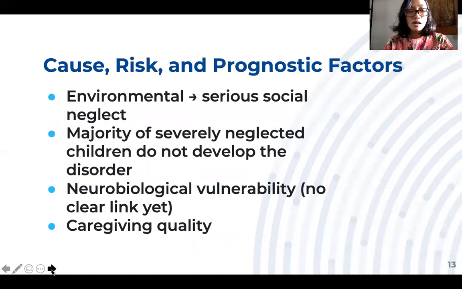Okay, so the causes, risk, and prognostic factors. Unfavorable early caregiving environments can lead to the development of these disorders. Babies between the ages of 6 months and 2 years who have been institutionalized, for instance abandoned or left in an orphanage after loss of a birth parent, who spend time in changing or inconsistent family environments such as foster care, or who suffer from trauma or severe ongoing emotional and social neglect, are at the highest risk of developing DSED.